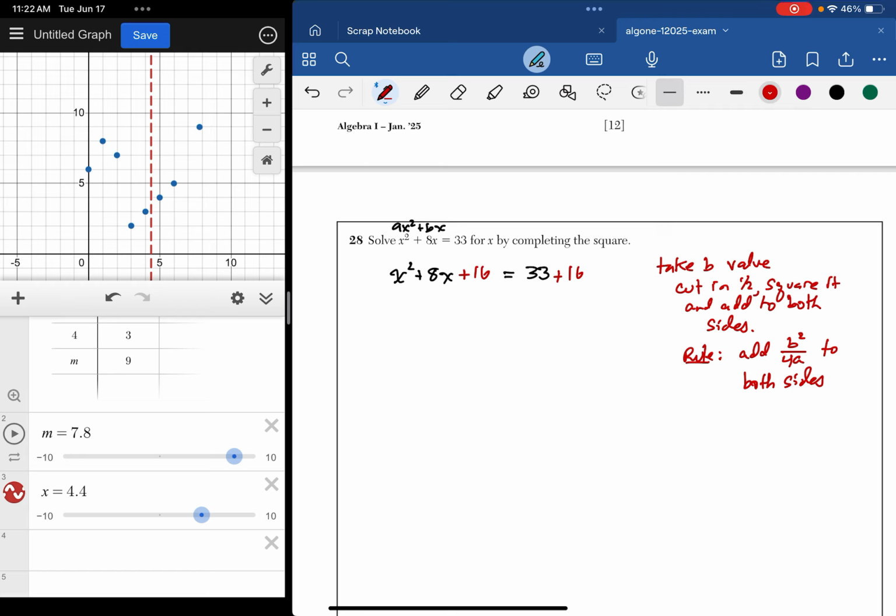All right, either way. So if I had 8 squared, divided by 4 times 1, because the a value, the leading coefficient, is equal to 1, I get 64 over 4, which is 16. So either way, you're getting a 16.